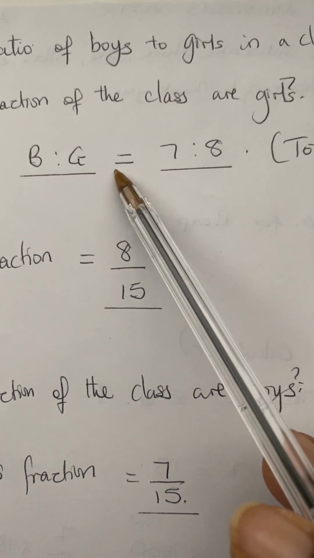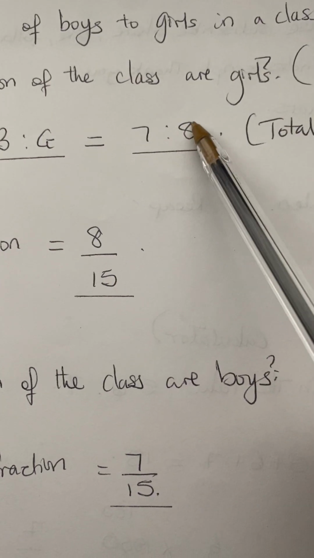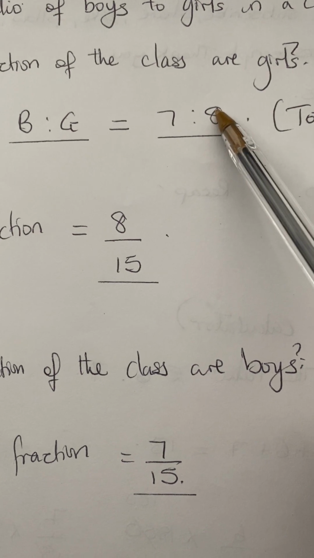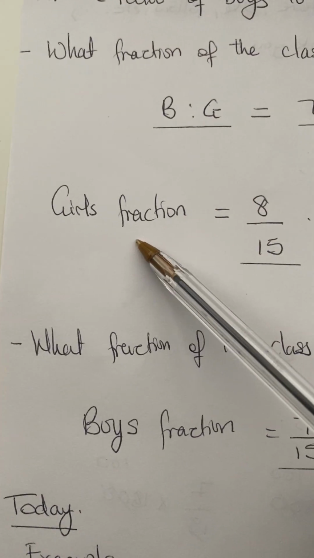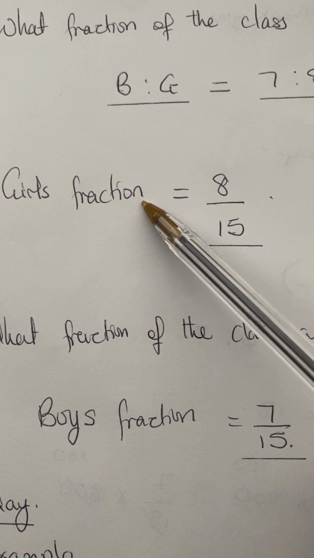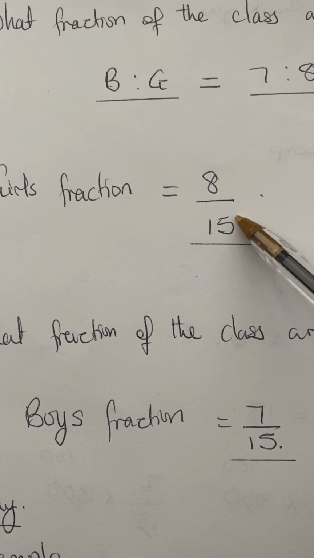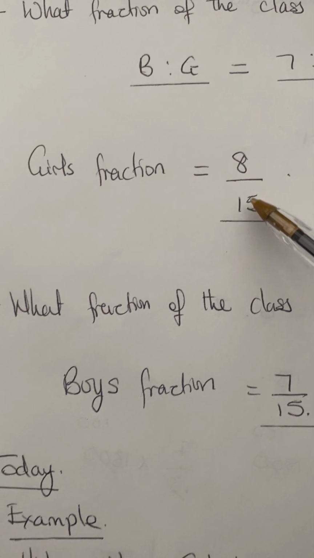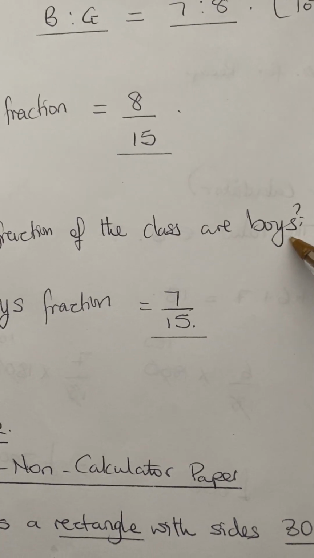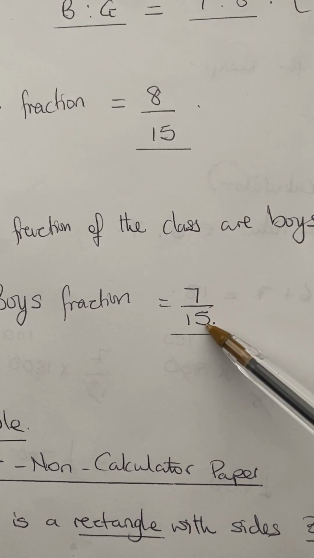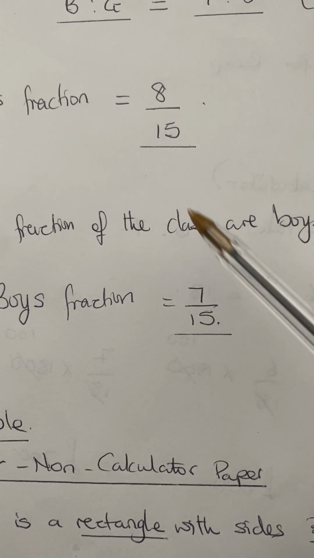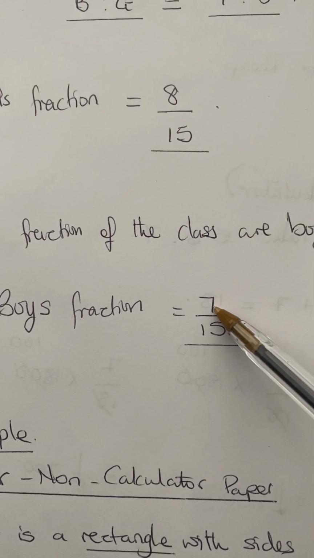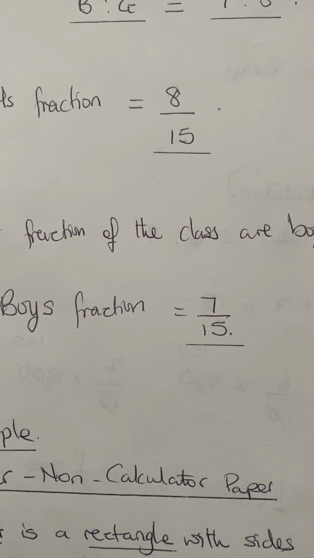Now, the girls are 8, their portion is 8. So the girls' fraction will be 8 out of 15. And then the boys' fraction will be 7 out of 15. Now, if you add both fractions, you should get 1.